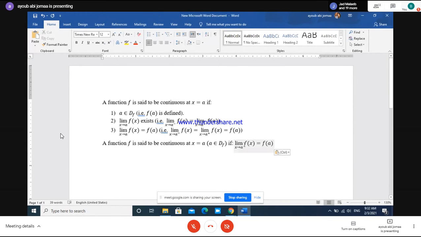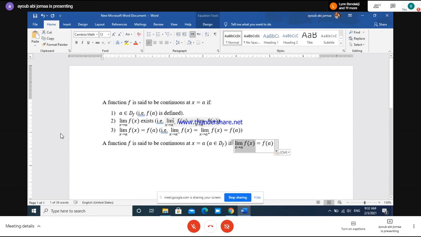In fact, once you say limit as x approaches a, it means that the limit exists. So this statement, limit as x approaches a is equal to a certain number, you are saying here the limit is a number, it means that the limit exists.